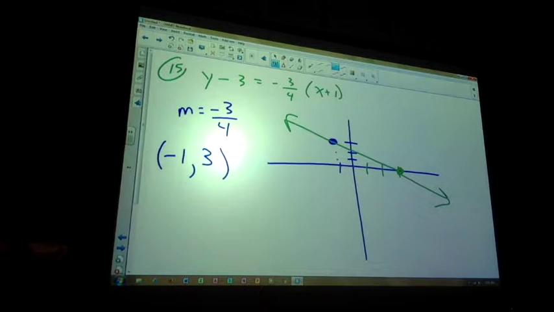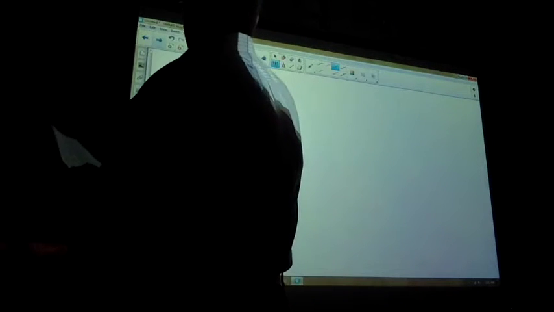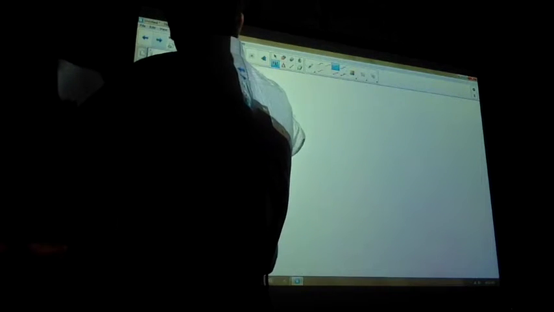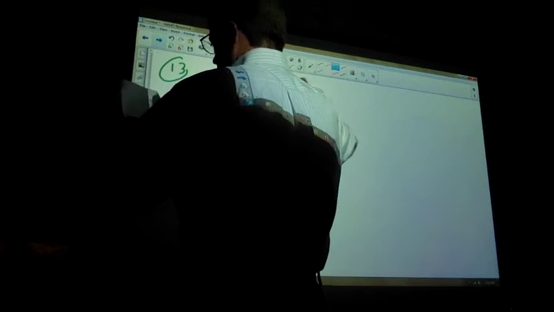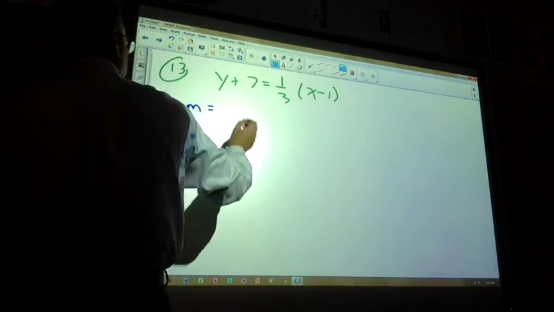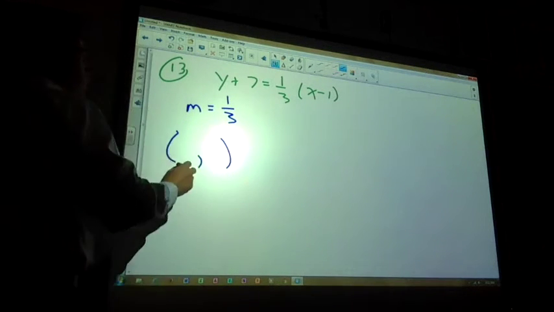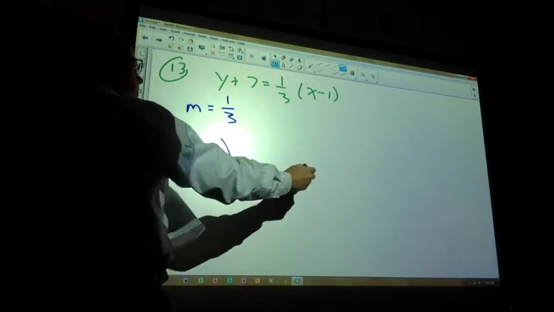Number 13 is also set up in point slope form. What is my slope? 1/3. What is my point? 1, negative 7. Good.